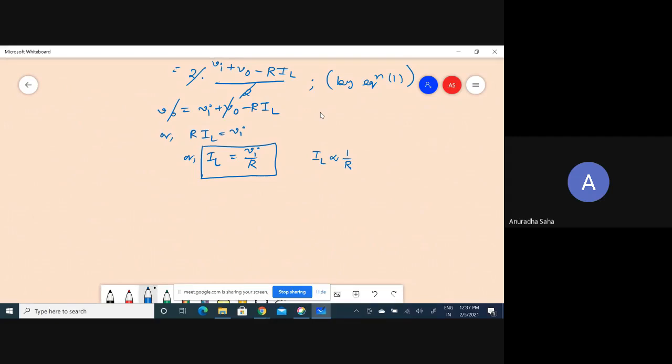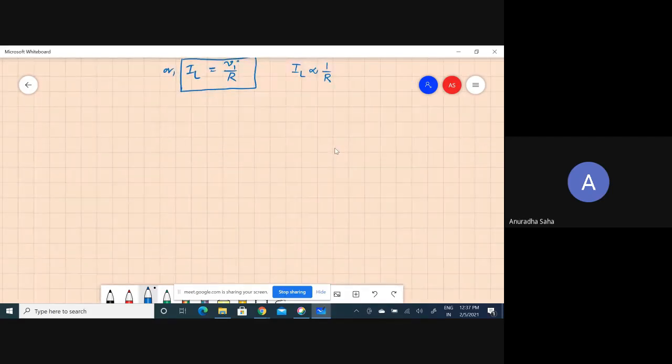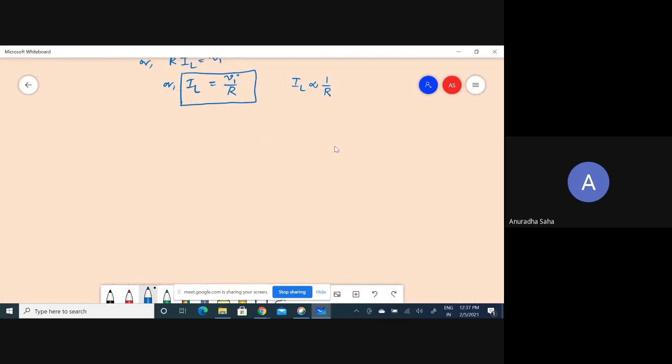Now coming to the second amplifier, the next type of amplifier, which is nothing but the I to V converter, that is the current to voltage converter. If I talk about the current to voltage converter, then I know now that this particular converter is also called a trans resistance amplifier.